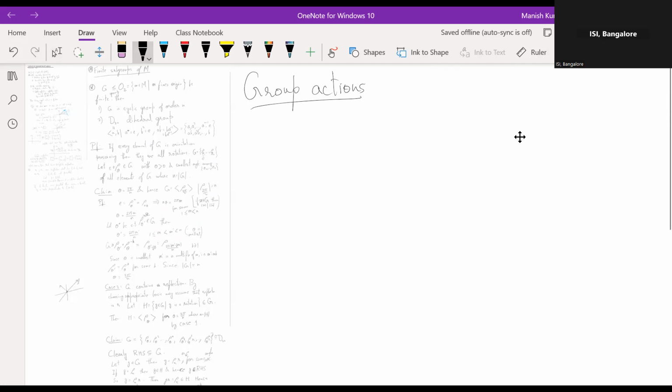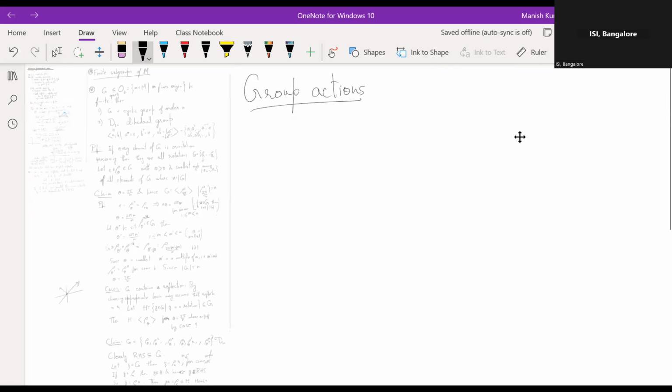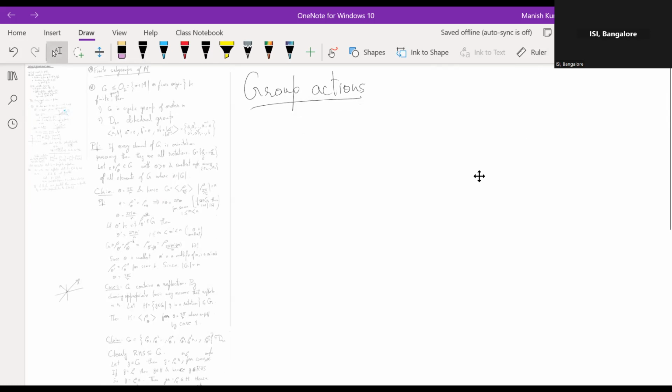How many of you haven't seen group actions? Oh, so everyone has seen some bit of group action. So what is a group action?